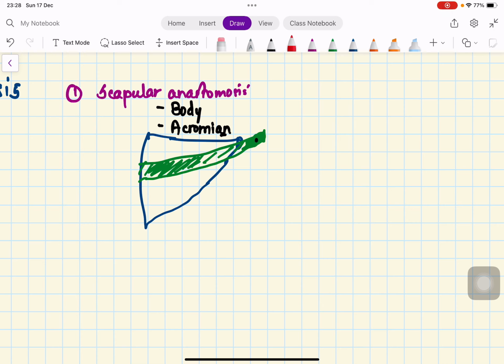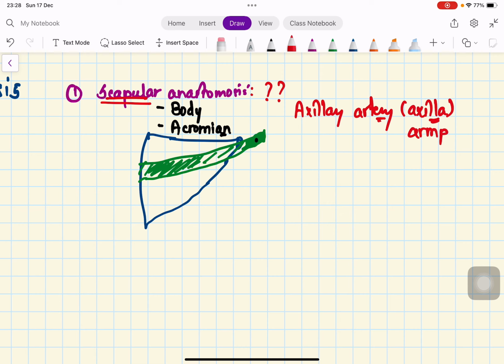First of all, without going too deep, I want you to understand why scapular anastomosis is required. It is required because our axillary artery is present in the axillary region, our armpit region, so it can get compressed.